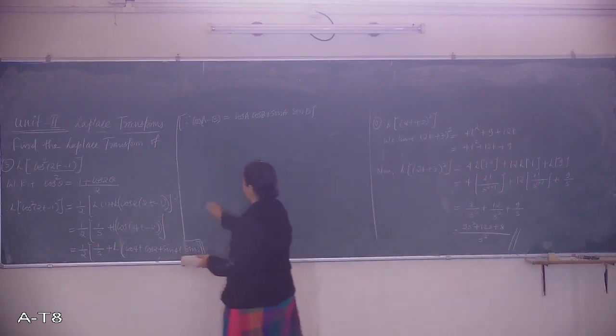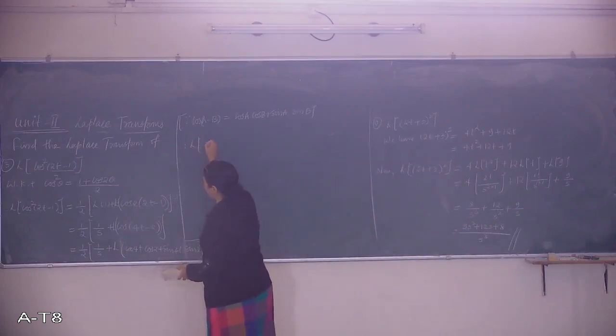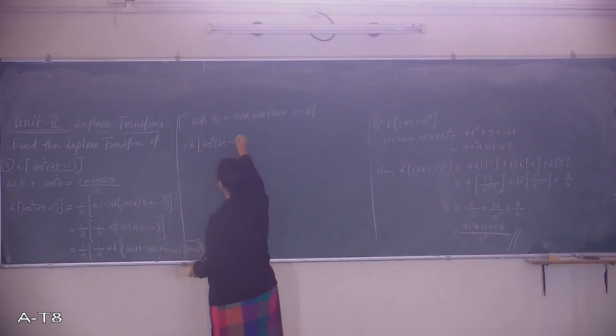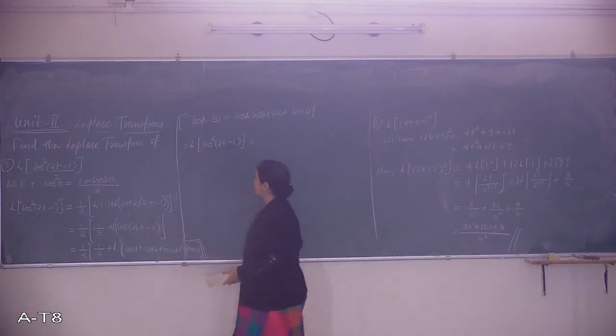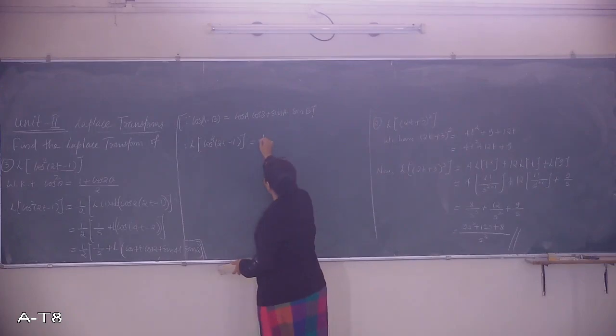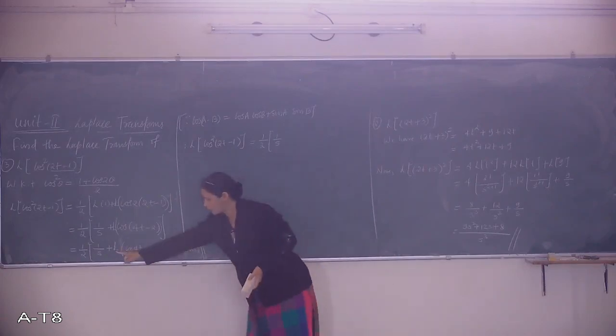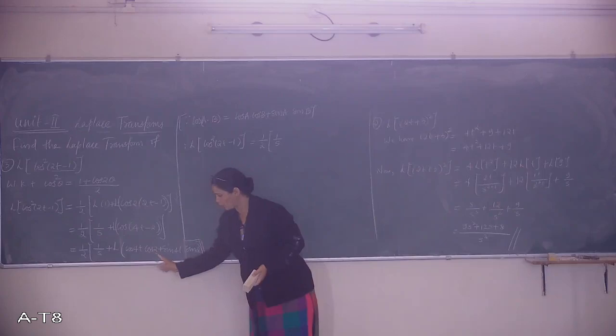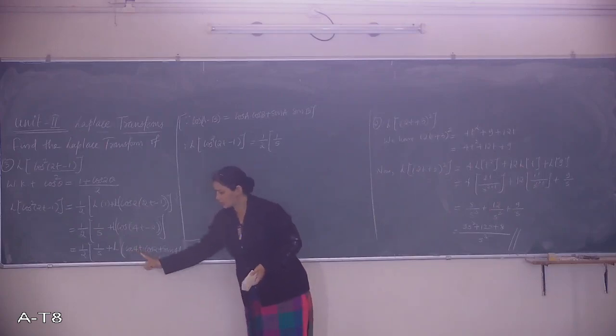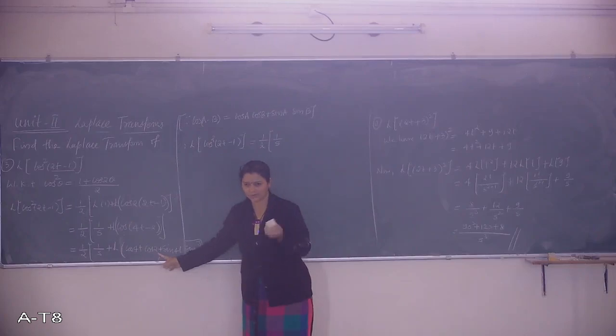Now, therefore, the Laplace transform of cos square of (2t minus 1) equals 1 by 2 into (1 by s plus the Laplace transform of cos of 4t into cos 2 plus sin 4t into sin 2). Cos of 4t is a function of t, but cos 2 is an angle, which is a constant.